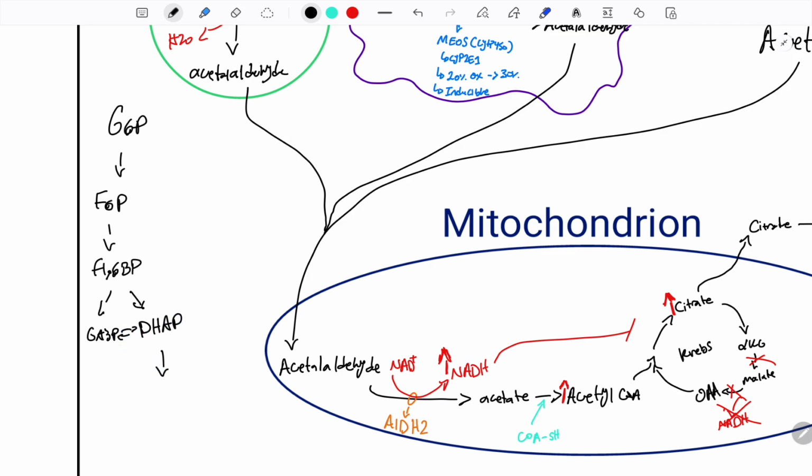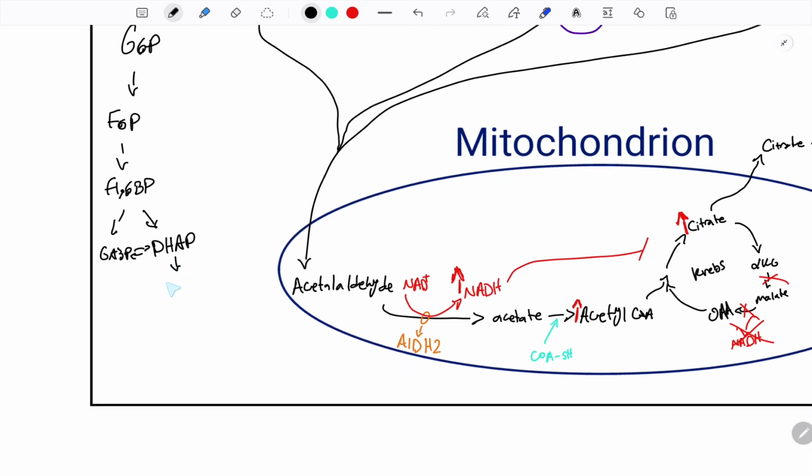The DHAP can then be turned into other things, such as 1,3-bisphosphoglycerate, then 3-phosphoglycerate, then 2-phosphoglycerate, then phosphoenolpyruvate, and then pyruvate finally.